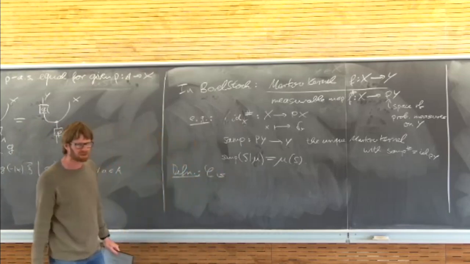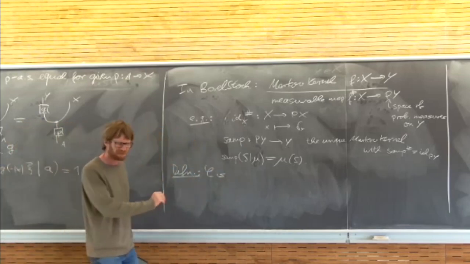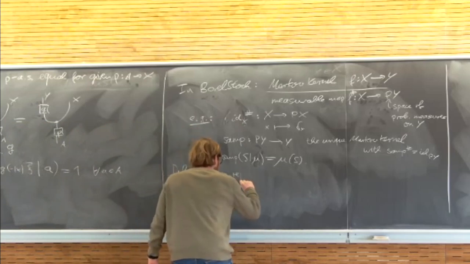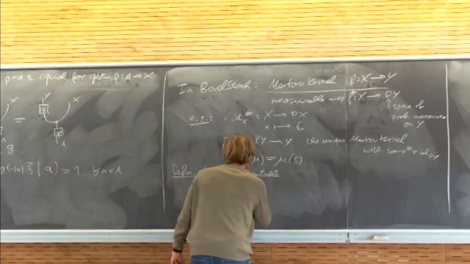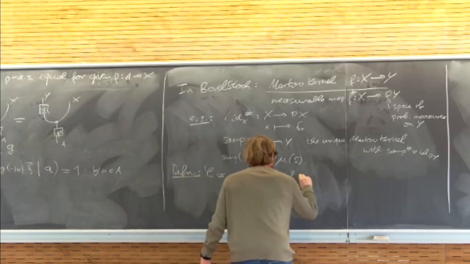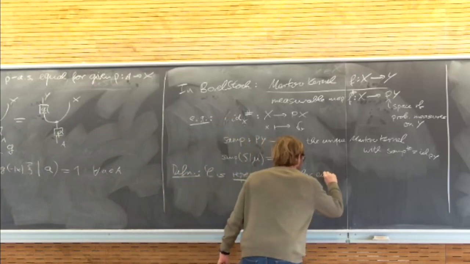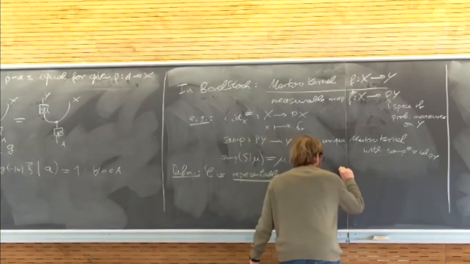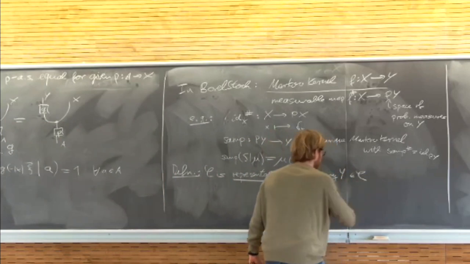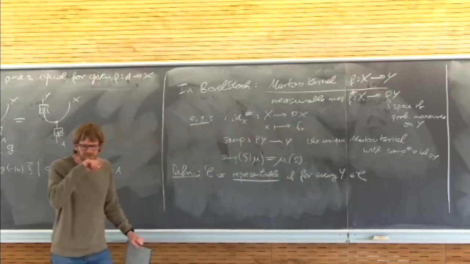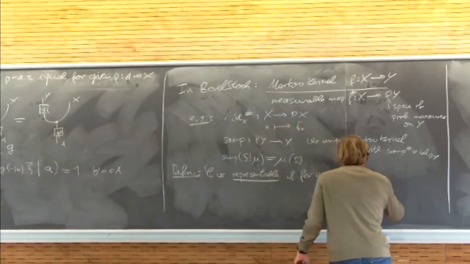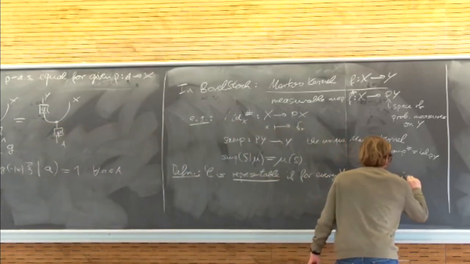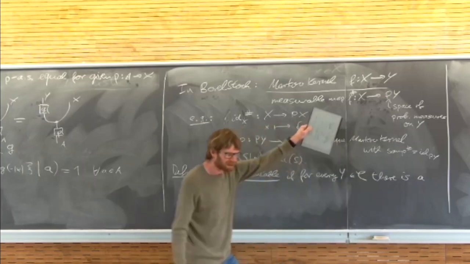C is what we call representable if for every object y there is what we call a distribution object Py.